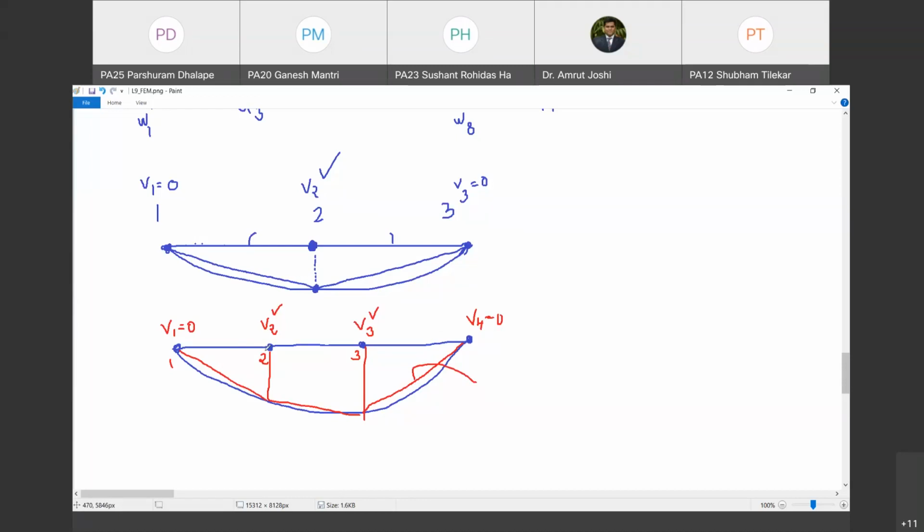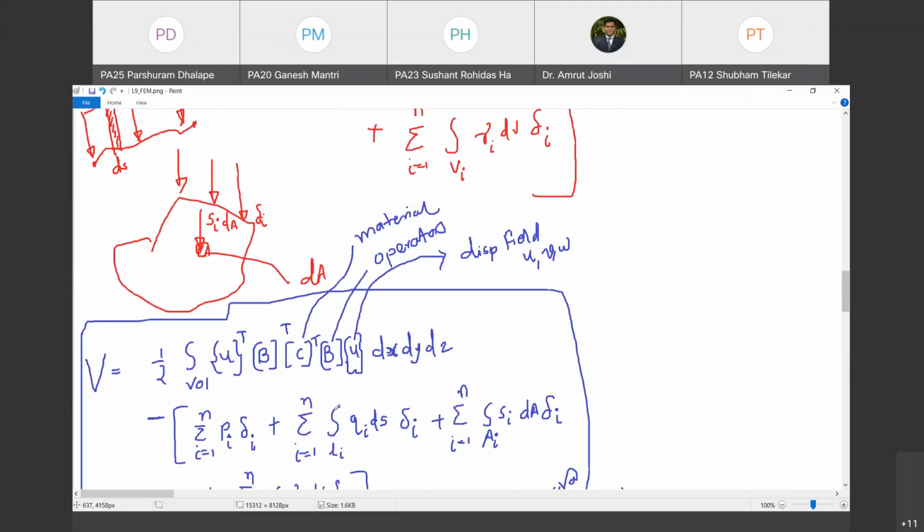And when we discretize, within the element we will say that the displacement varies as some interpolation function between its end node displacements. So for example, this is element number 1, this is E1, its start node is 1 and end node is 2. The displacement of node 1 is known, the displacement of node 2 is known. We will run an interpolation, whether it is linear or quadratic, that we will see later, and express the displacement anywhere within the element as a function of its nodal displacements, so that we can write this potential energy in terms of only nodal displacements, and nodal displacements are finite.